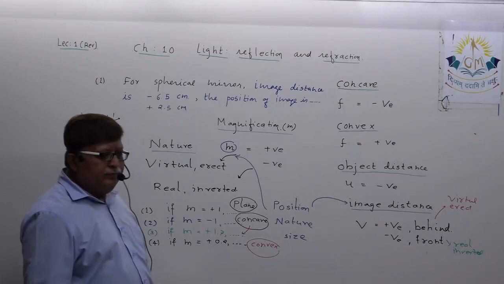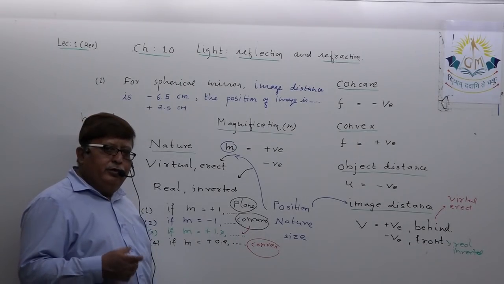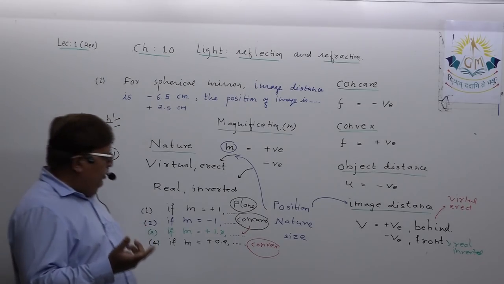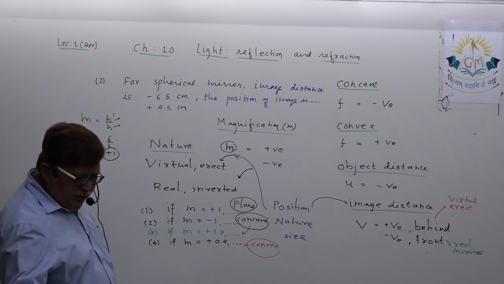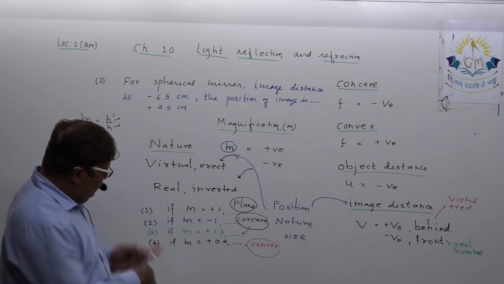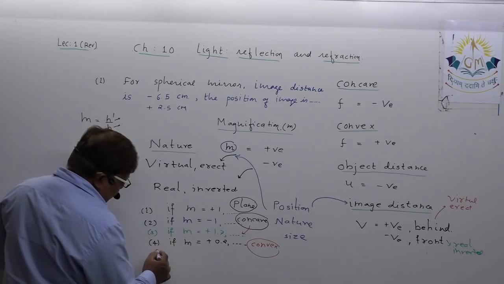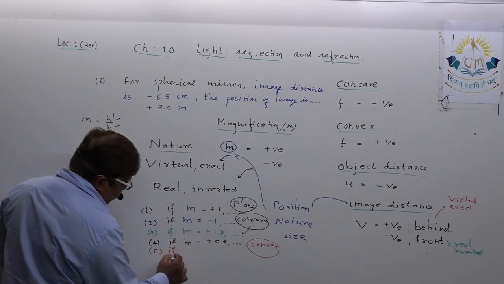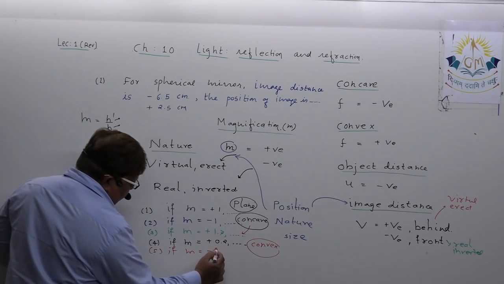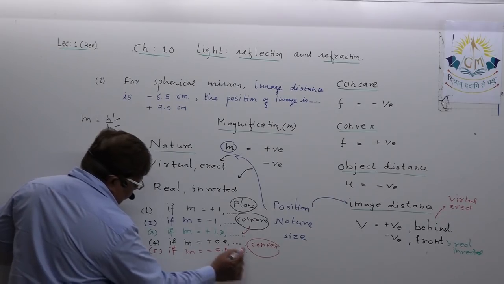This way MCQs can be generated. Suppose I write this way: if m equal to minus 0.7, can you guess?